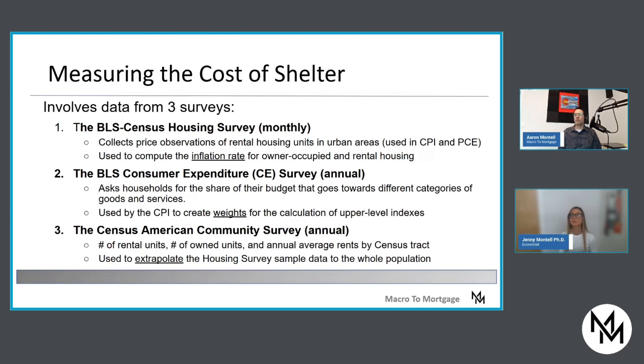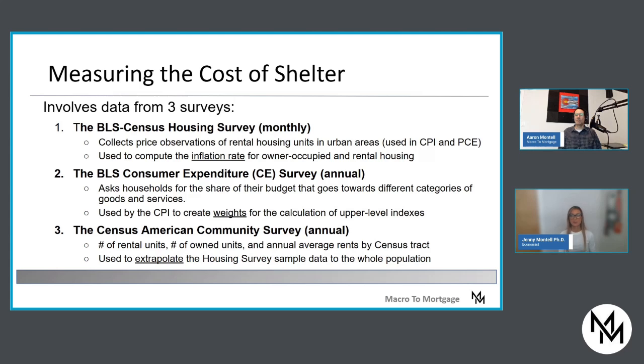So this is where the price data come from. The price data don't come from that tricky question that Aaron mentioned, and we're going to talk about more. The prices themselves come from this housing survey, which is based on actual observed rental values. We'll get into that.